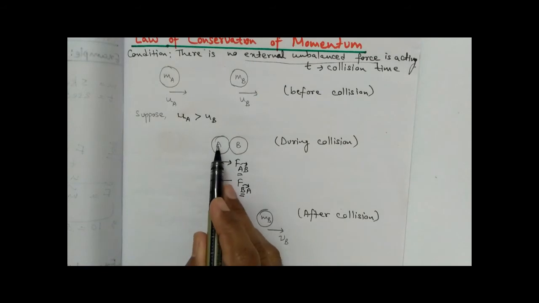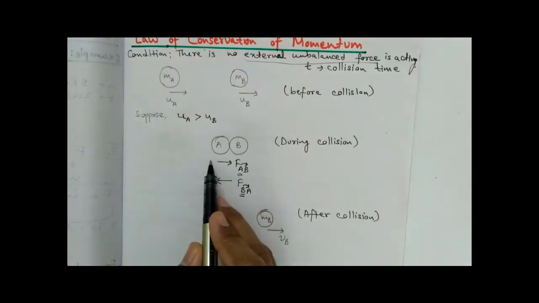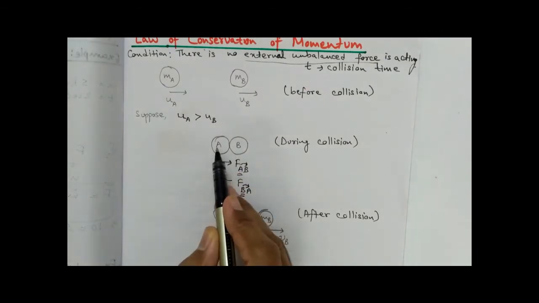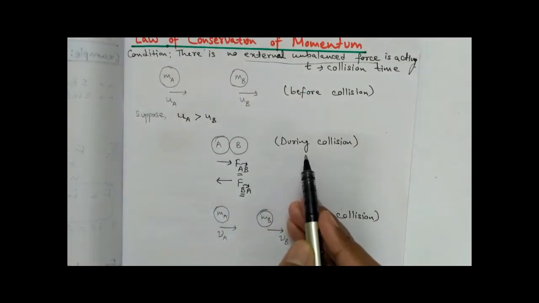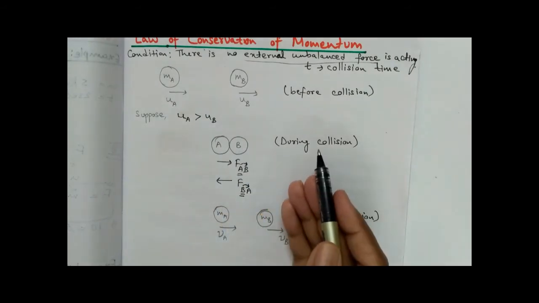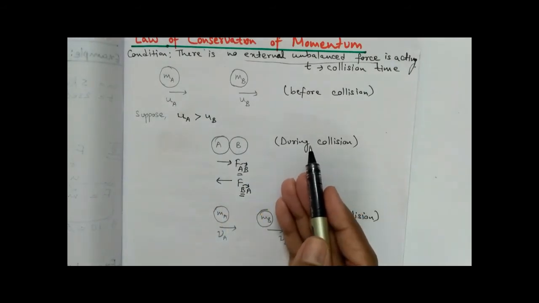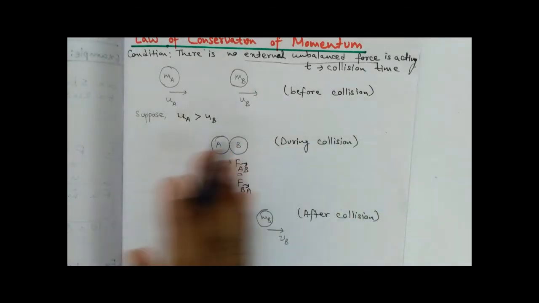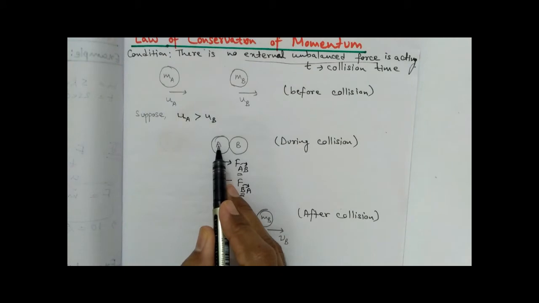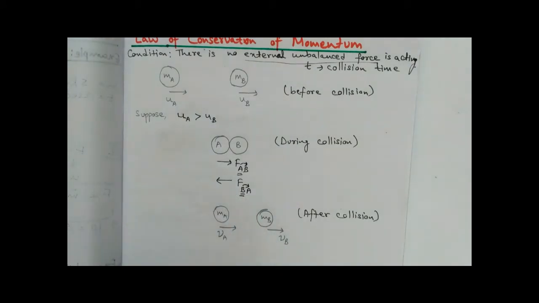Since A was exerting force in the rightward direction, B will exert equal force on A, but in the opposite direction. Opposite of right is what? Left direction. So B will exert force on A in the leftward direction, denoted FBA.